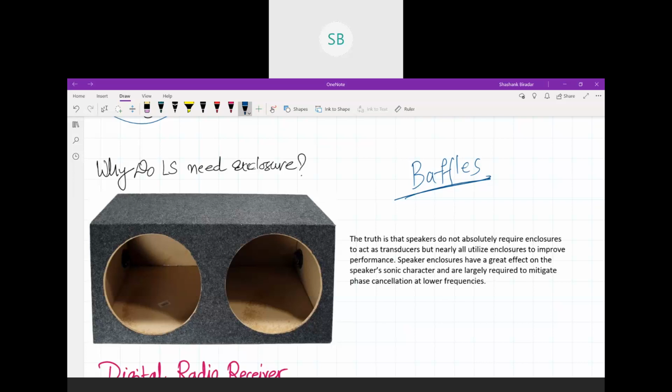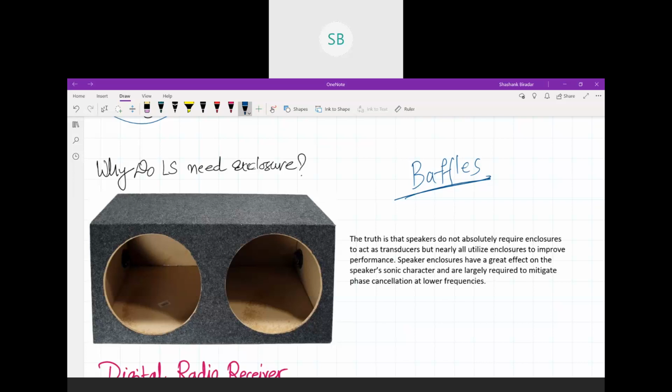Thus the sound waves produced on the front and back sides are 180 degrees out of phase. So due to the absence of the enclosure or baffle, the sound waves produced on the front and back of the cone are 180 degrees out of phase, right?